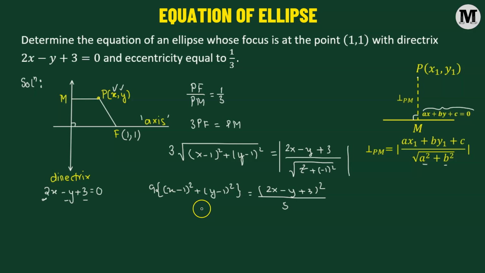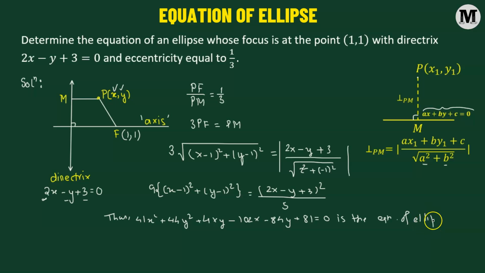Now, when we further simplify this, we get the equation 41x squared plus 44y squared plus 4xy minus 102x minus 84y plus 81 equals 0. And this is going to be the required equation of the ellipse, the equation of the ellipse whose focus is (1, 1), with the given directrix and the eccentricity of 1/3.